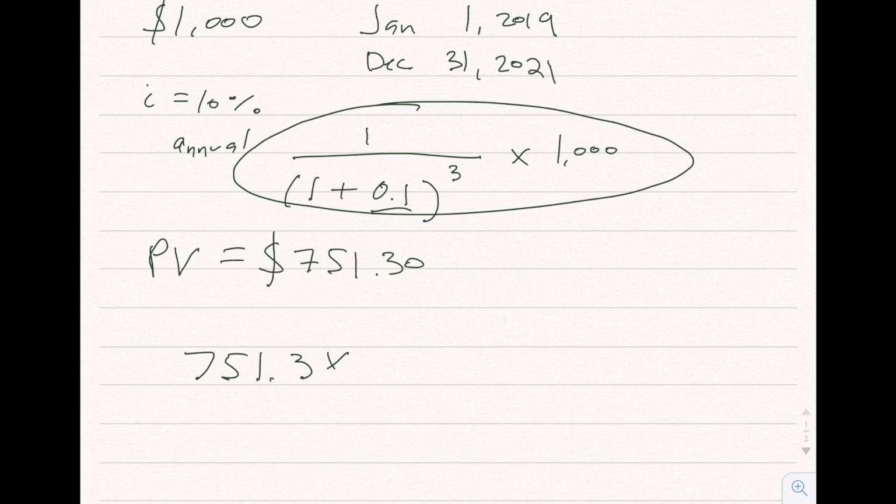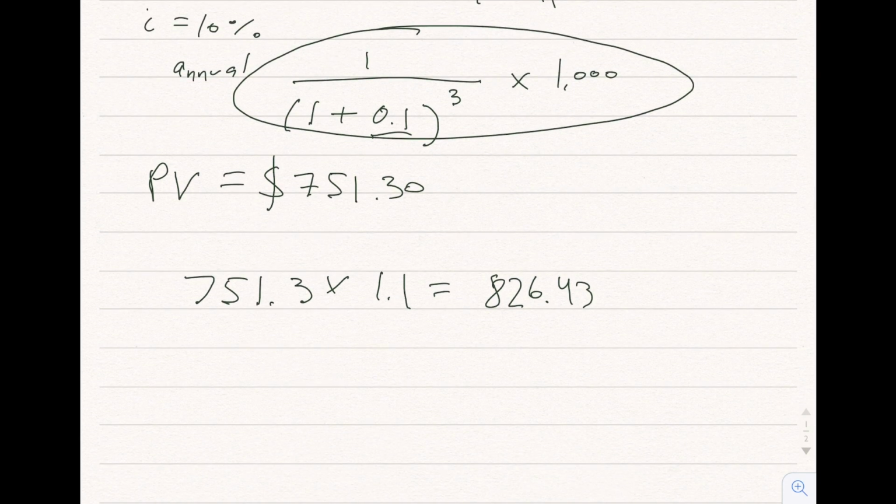So if you do 751.3 times 1.1, which is just saying that you're increasing it by 10%, right? You will get 826.43. So that's 1 year that's gone by, right? If you put that $751 either in a bank or you lent it to someone and you're receiving 10% interest.